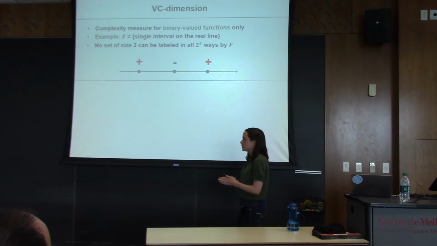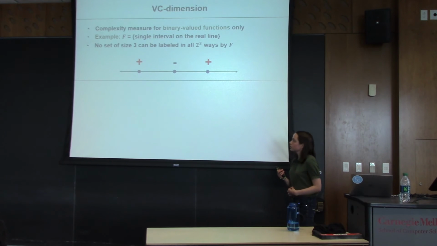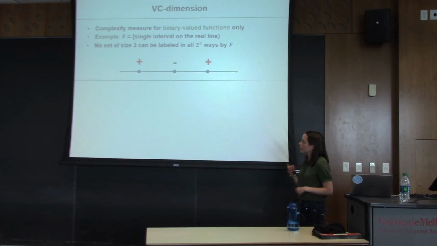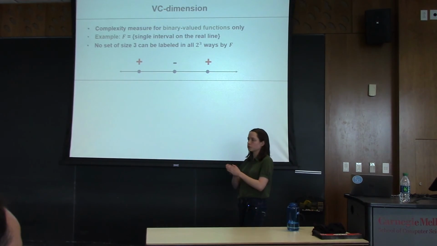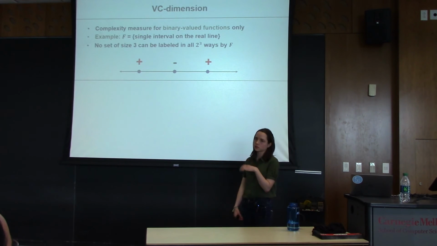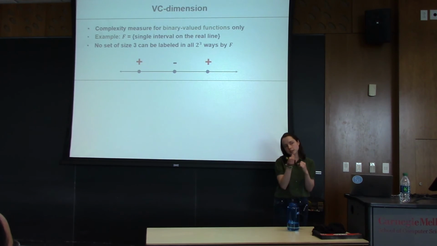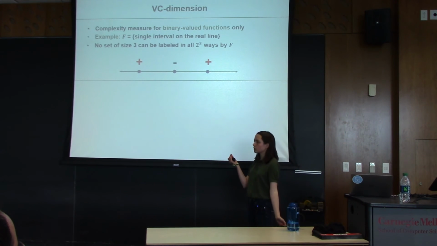So these are functions with range 0 or 1. One such function class would be the class of all single intervals on the real line. A point is positive if it falls in the interval, and negative if it falls outside of the interval.